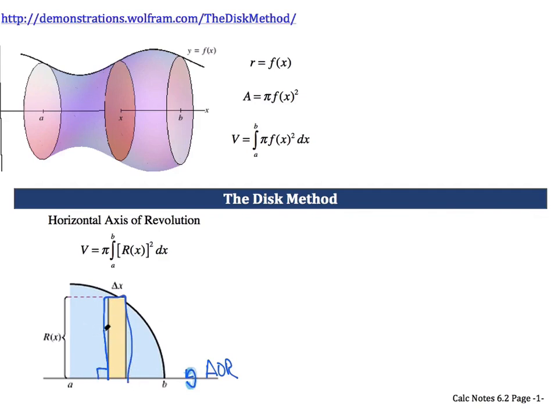Now when you do this, the height of that rectangle is going to be r of x, and it's going to be a function of x right there. And when this happens, our limits of integration from a to b are also going to be x values. So you get x values here, and this delta x, the width of the rectangle, is going to be dx. So you can see horizontal axis of rotation, everything is in terms of x.